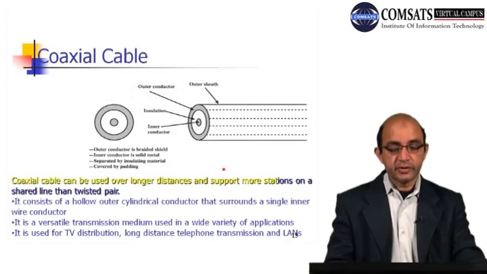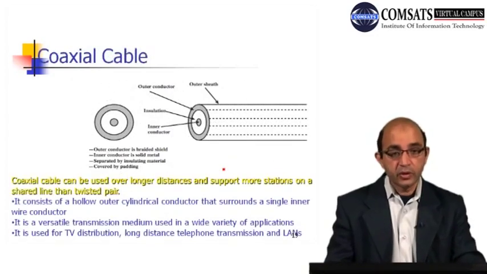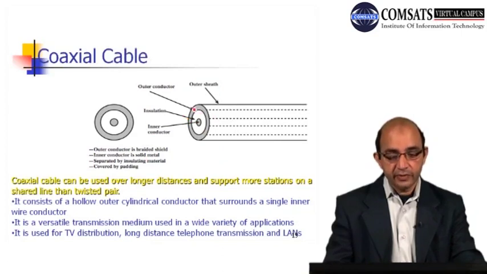So let's talk about the coaxial cable. That is another type of guided media, right? You can see that we have shown here a typical coaxial cable, right? So we have the outer shielding, and inside this circle we have the outer conductor, right?